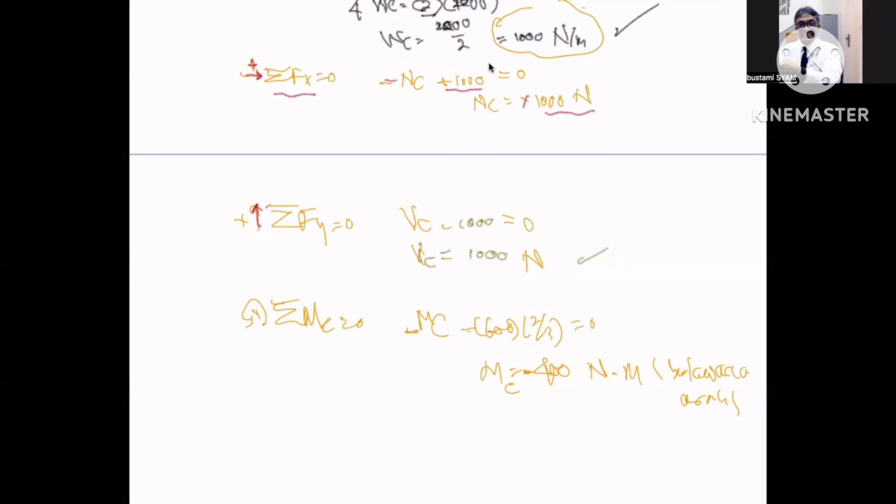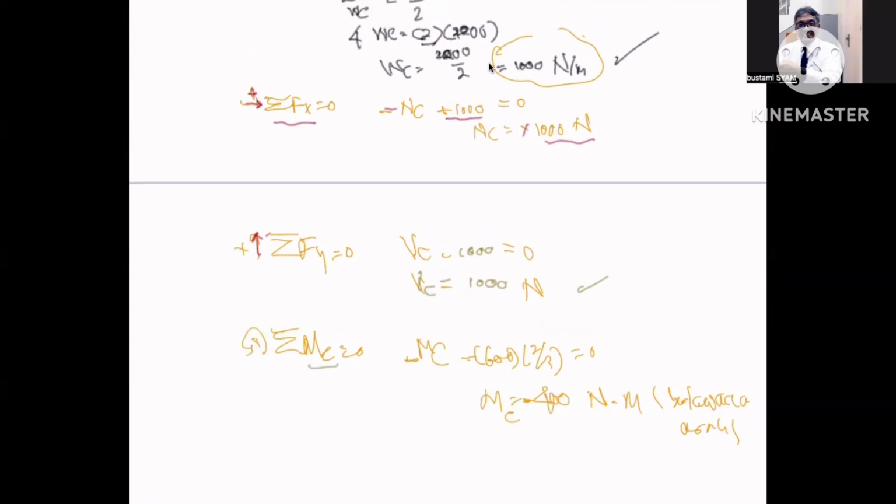Okay, and then let's check what is the moment at point C. For the moment, counterclockwise is supposed to be plus and clockwise minus.